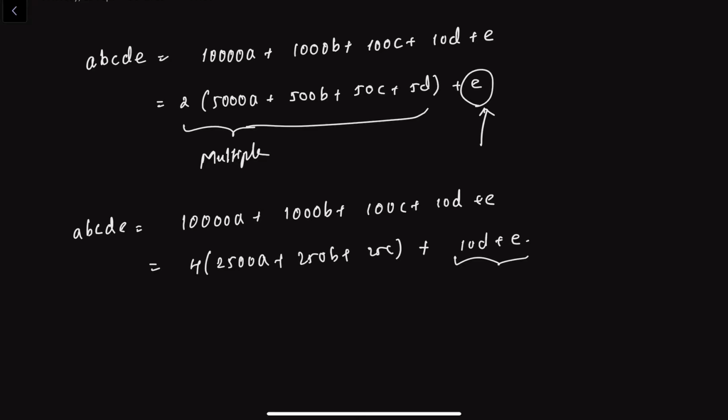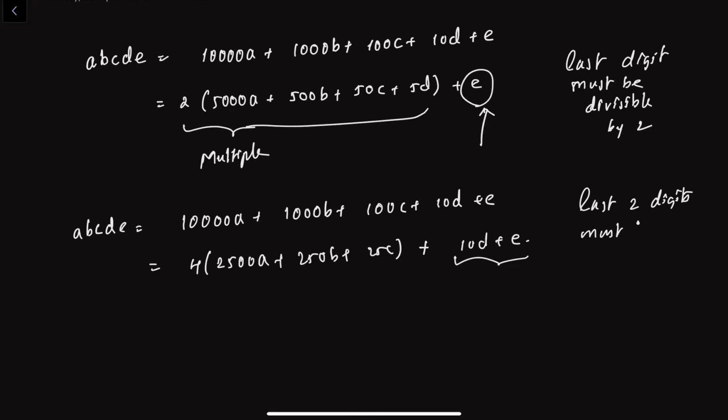That means for the divisibility rule of 2, the last digit must be divisible by 2. In the same way, for the divisibility rule by 4, the last 2 digits must be divisible by 4.